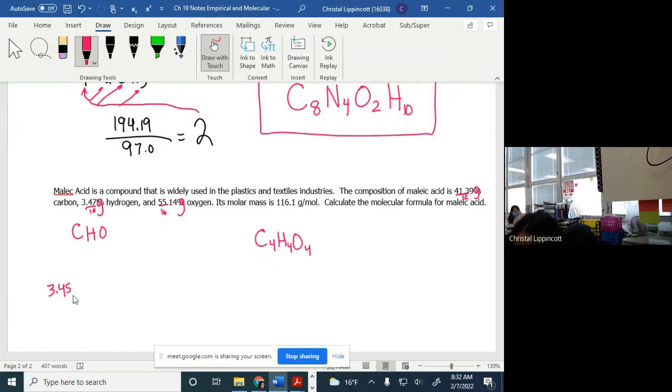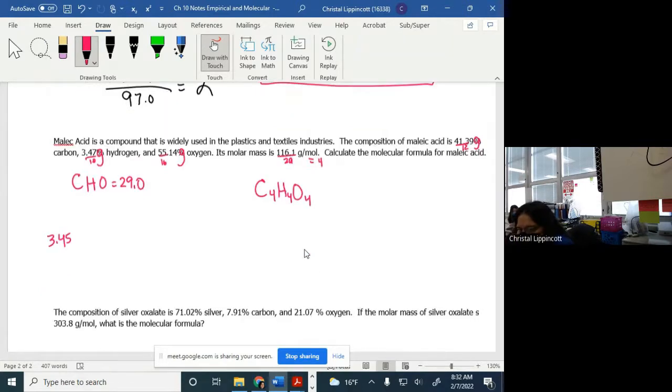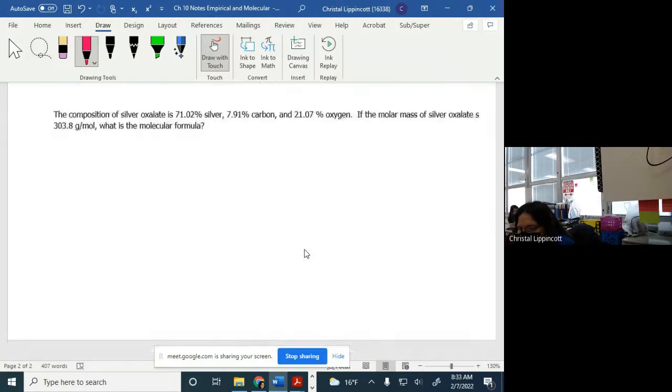And then once we figured that out, we could figure out the molecular mass for this, which is 29. Divide this by 29, that equals 4. And so then we go through and we multiply each of these by 4. Good? Sounds good.